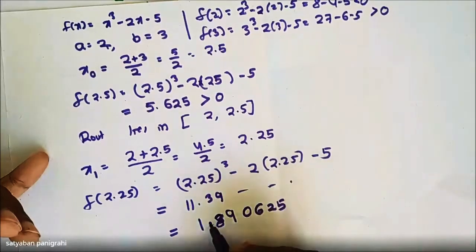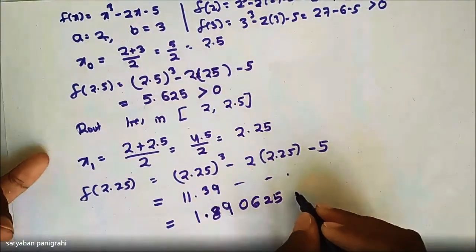0625. Very good. Okay. Now this value is positive.